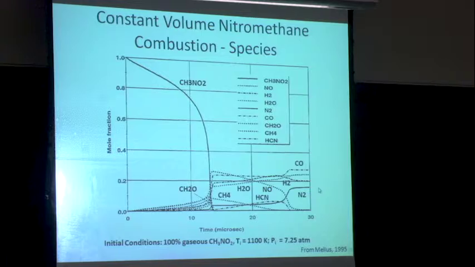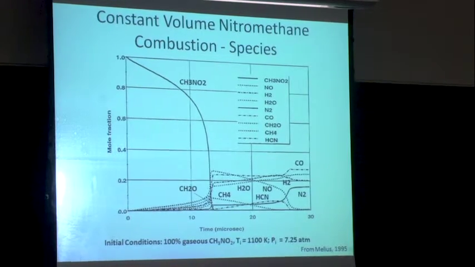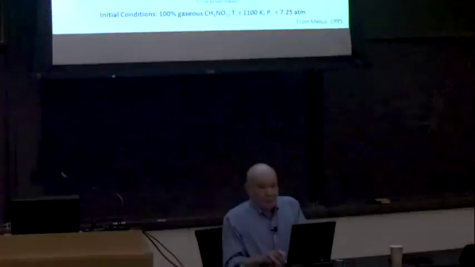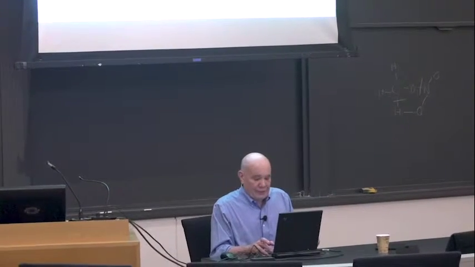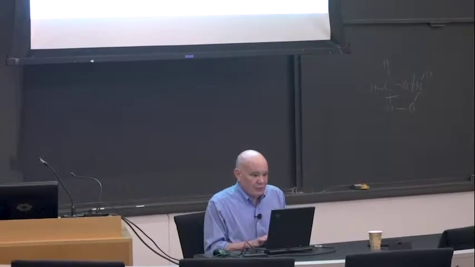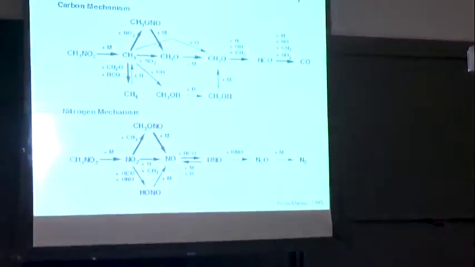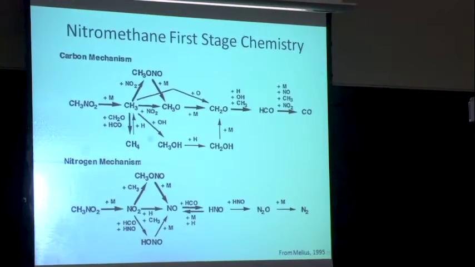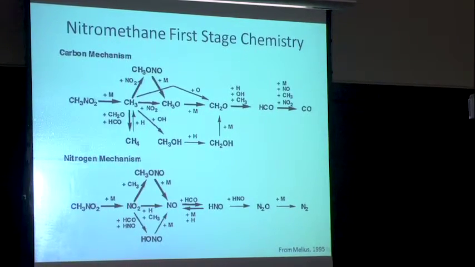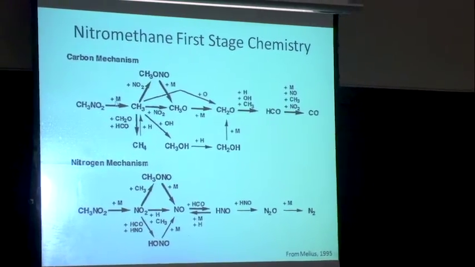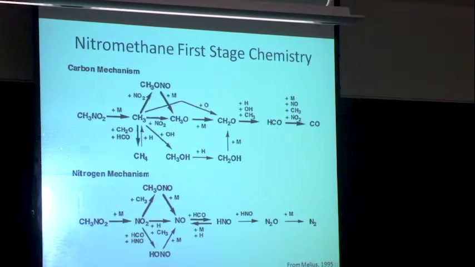And you can go through then and follow, for example, the carbon atoms, the nitrogen atoms, the oxygen atoms in each one of these stages and look at the dominant reactions that are occurring. And without going into too much detail here, if I look at the first stage chemistry and I follow basically a reaction diagram, here's my nitromethane, and through a dissociation step, if it's not in this high pressure limit, any other body comes along, transfers energy to this nitromethane, breaks the CN bond, and I end up with basically looking at the carbon chain, basically a methyl group.